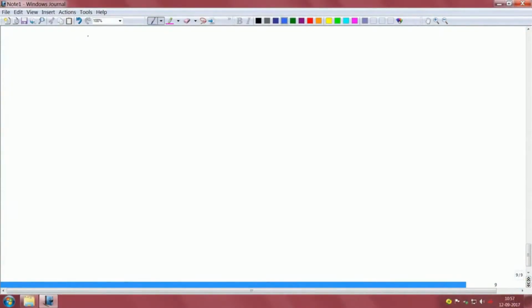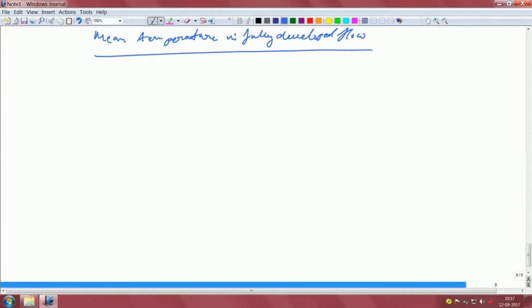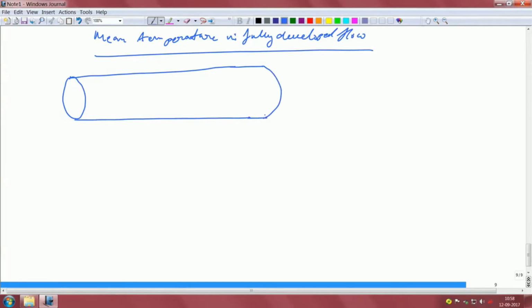Okay. So, let us introduce the concept of mean temperature in fully developed flow. What do we mean by that? Okay. So, let us take a pipe, round pipe. As I said, round pipe and ducts, they are not very different. Okay. This is of course the center line.